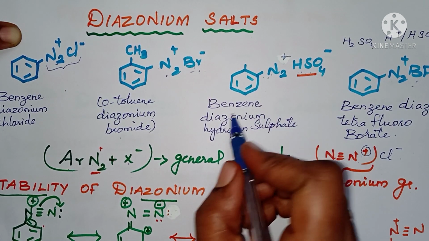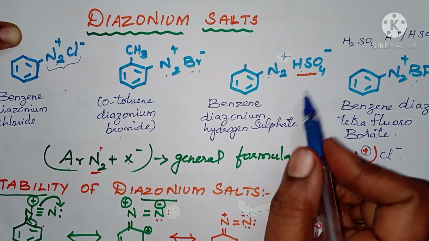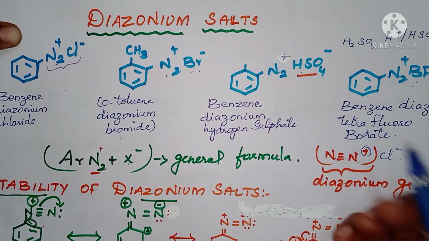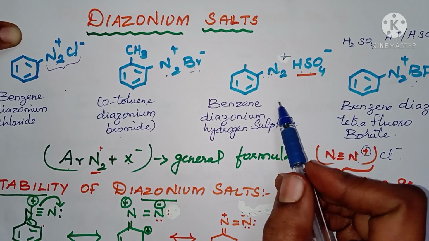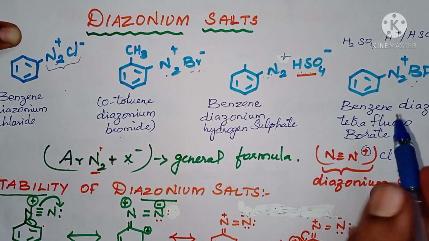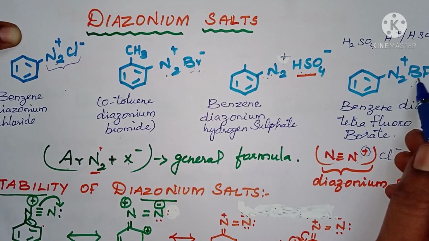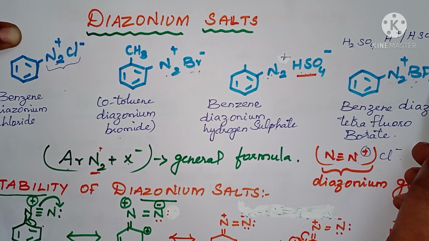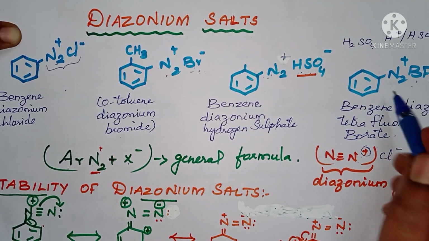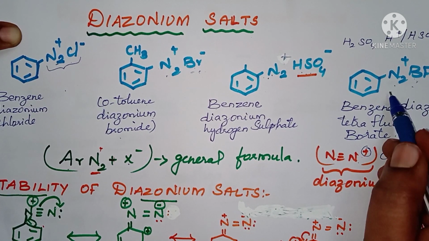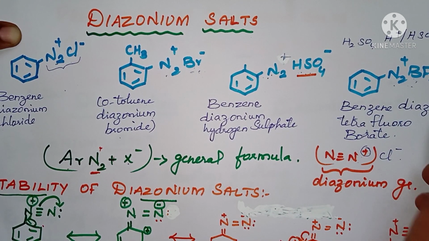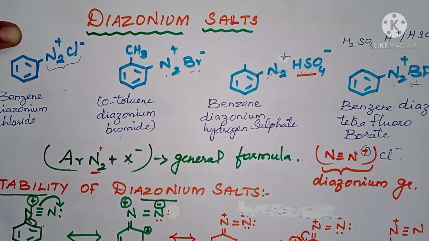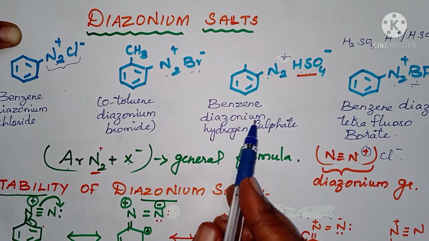Hope you got it. This is hydrogen sulfate, right? So here benzene diazonium hydrogen sulfate, that's all. It's very easy to name. Okay, next one, N2BF4, what is it? Boron fluoride. So this is combined with the azo group, diazonium. So benzene diazonium tetrafluoroborate. This is the way we can name that.